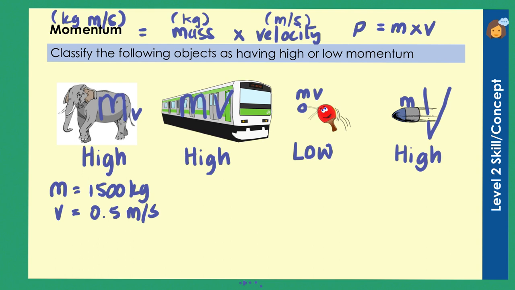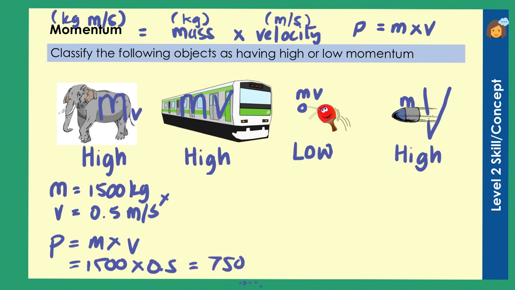So when you multiply these together, we get the momentum of the elephant. So m times v, which is equal to 1500 times 0.5. So half of 1500 is 750 kilograms meters per second.